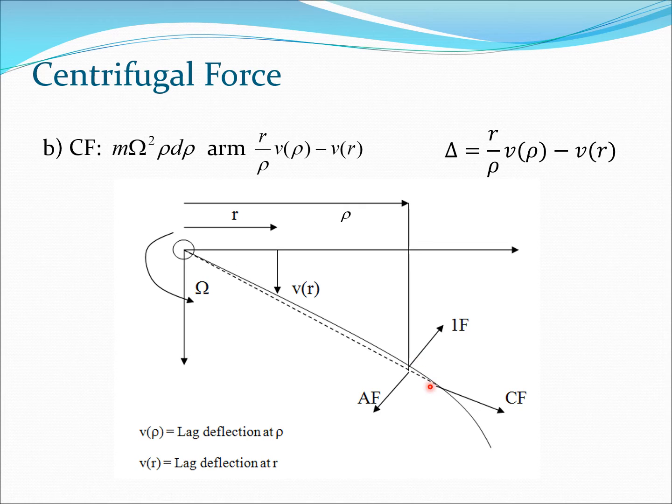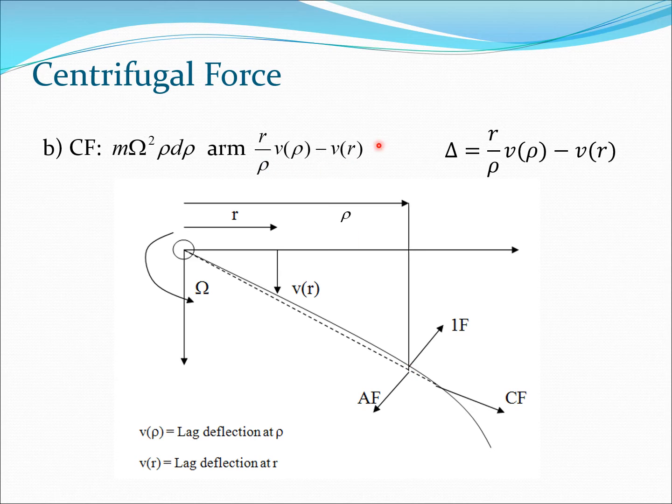Okay, so we took care of one of the forces. Now we look at the next force, the centrifugal force acting at this section. The centrifugal force is going to be m omega squared rho d rho, where rho is the distance of this point. That's the usual expression for centrifugal force. The arm is the value delta which we calculated before, so you can refer to that slide.